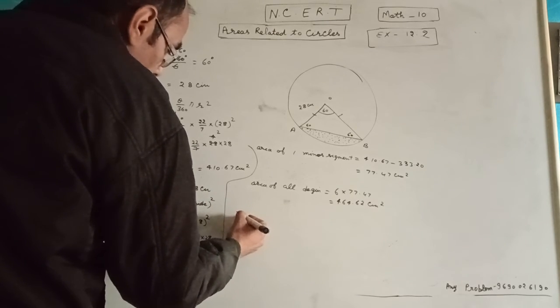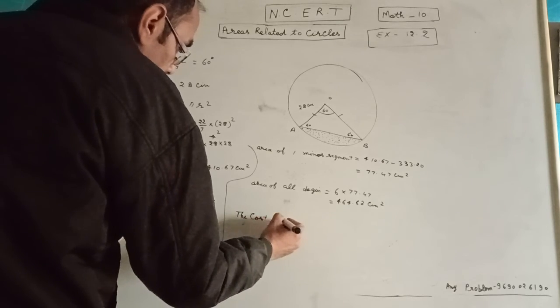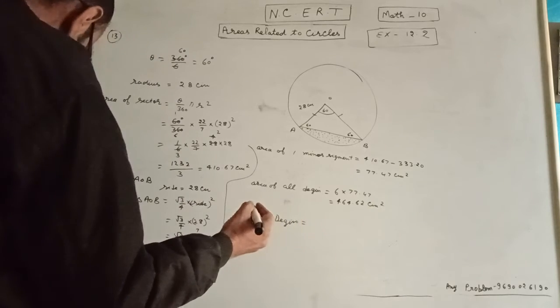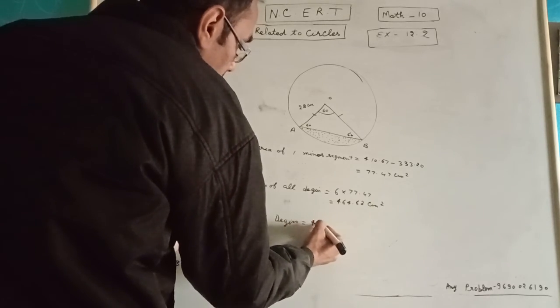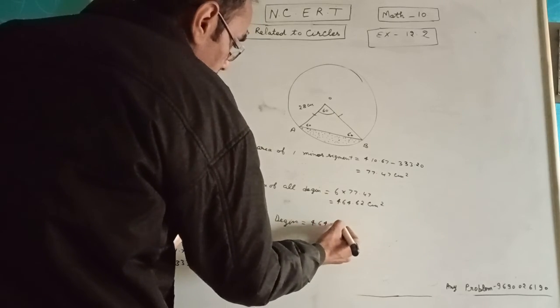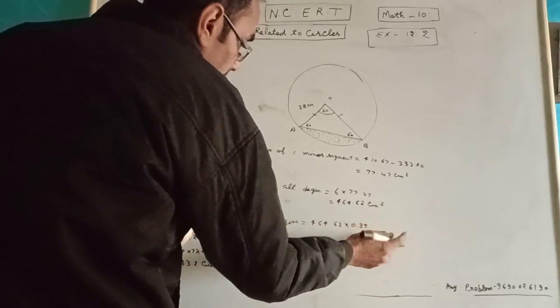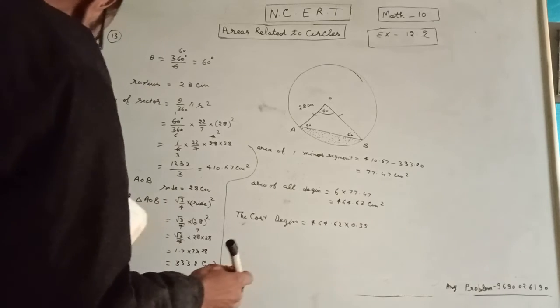The cost of the design is equal to 464.62 into 0.35, the rate of the design.